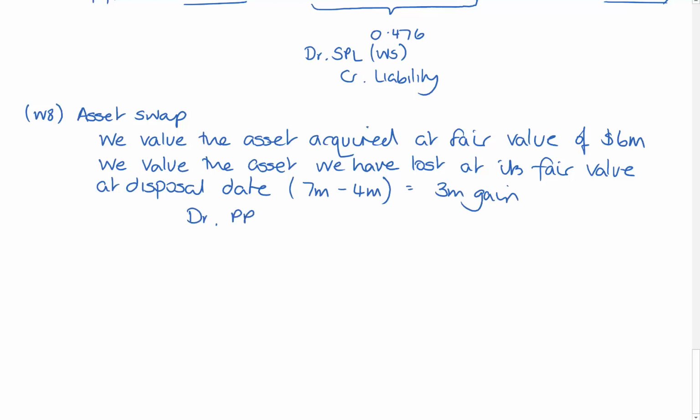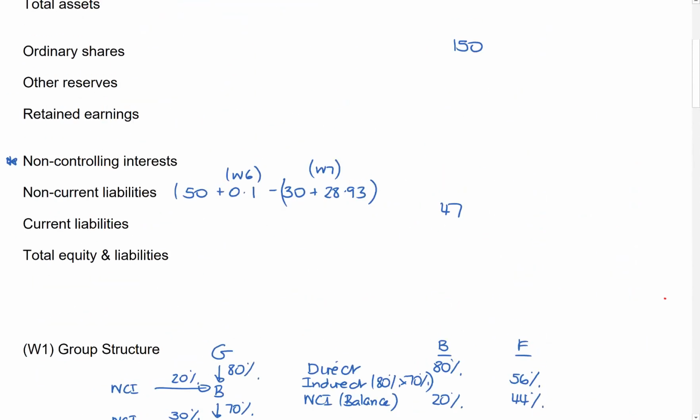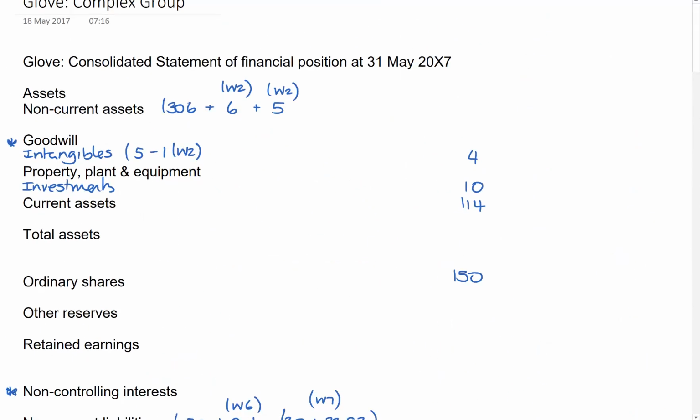So we debit PPE 3 million and credit, because we've effectively sold the land, we can realize the profits. So I can take those profits through to retained earnings. Okay, very nerdy point. Very few people would have successfully dealt with this. So don't worry about some of these more obscure points. I mean, I need to show you them for teaching purposes, but I wouldn't worry about remembering them too much.